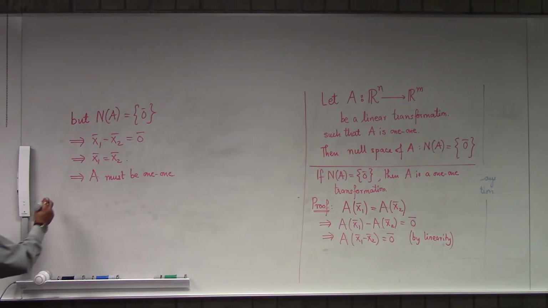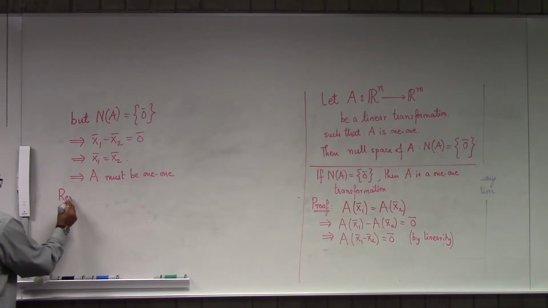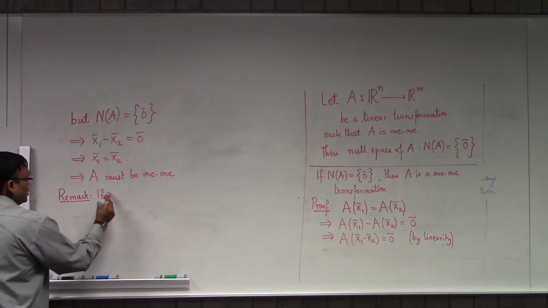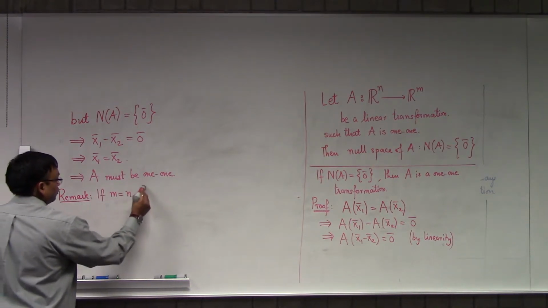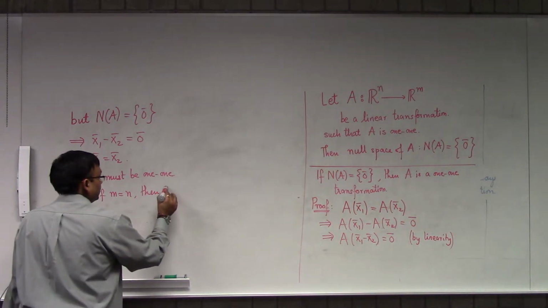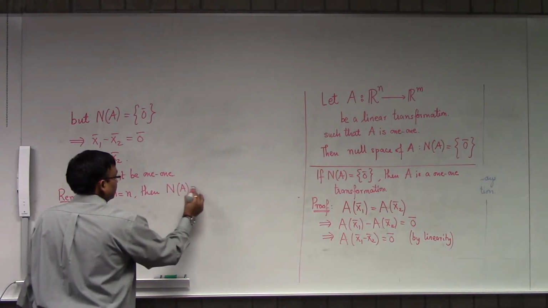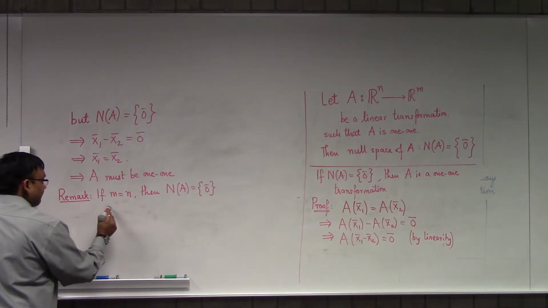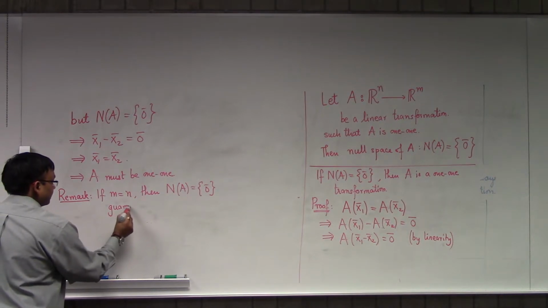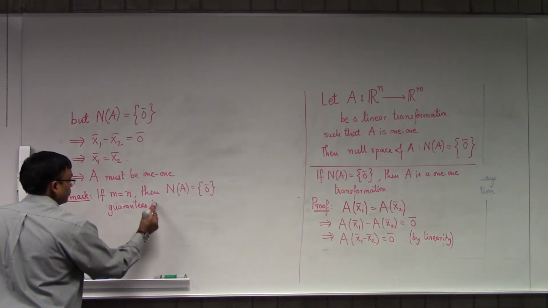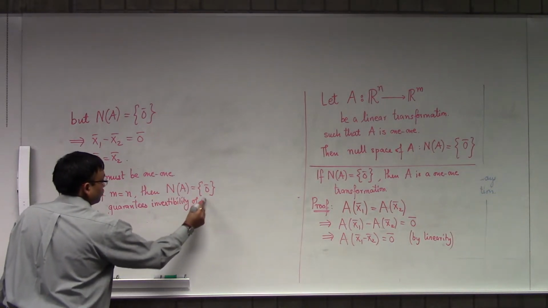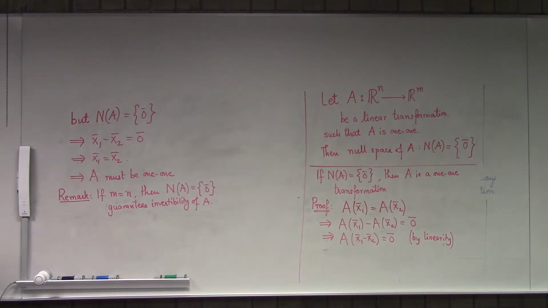So let's take a special note of it. Then the null space being just a 0 vector guarantees the invertibility of A. Okay.